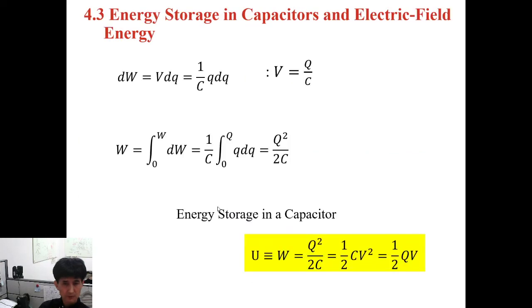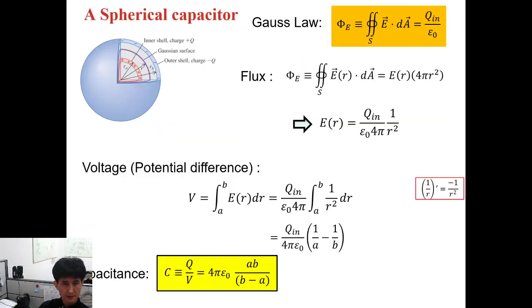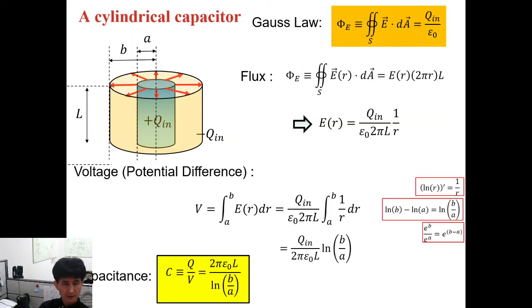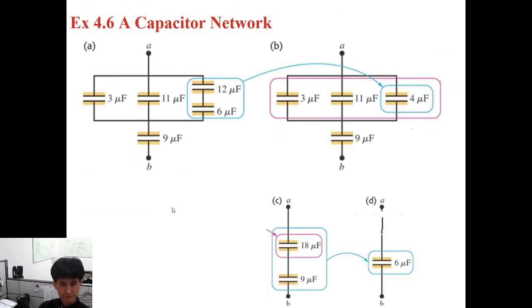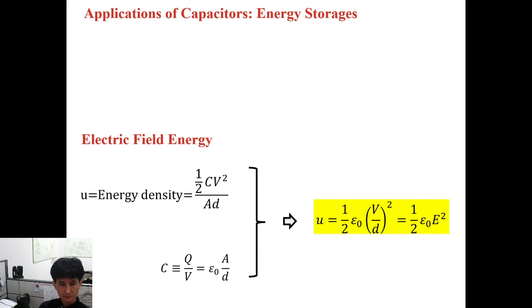In this case, the volume of the device is the area of the plate times the distance between the plates. So D times A is the volume. So we divide the energy stored in the system by the volume, A times D.